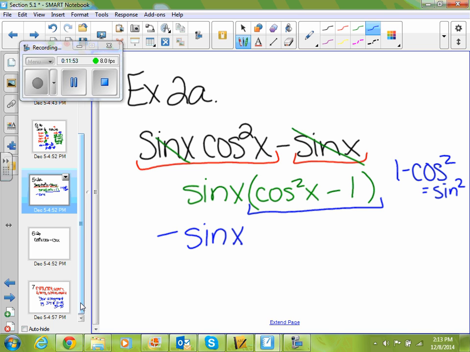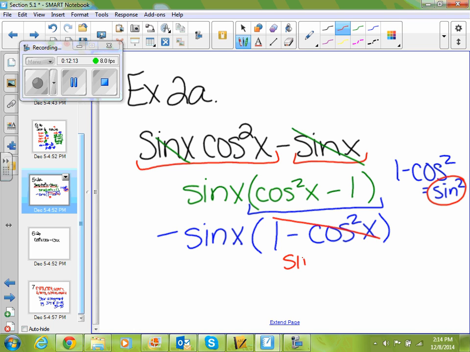The sine of x stays the same. The only thing I'm changing is I'm taking away a negative. Then these terms flip. So I get 1 minus cosine squared of x. So I know that 1 minus cosine squared is the same thing as sine squared. So I'm going to replace this with a sine squared of x.